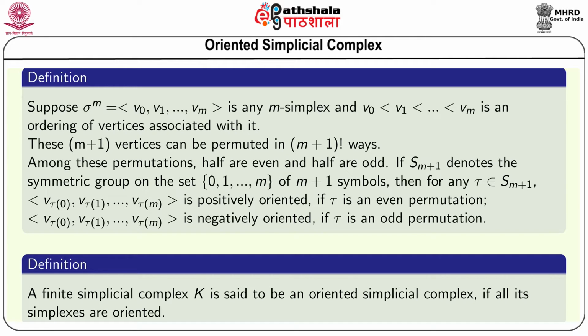If S m plus 1 denotes the symmetric group on the set 0 to m of m plus 1 symbols, then for any tau belonging to S m plus 1, the simplex V tau 0, V tau 1 up to V tau m is positively oriented if tau is an even permutation, and V tau 0, V tau 1 up to V tau m is negatively oriented if tau is an odd permutation.